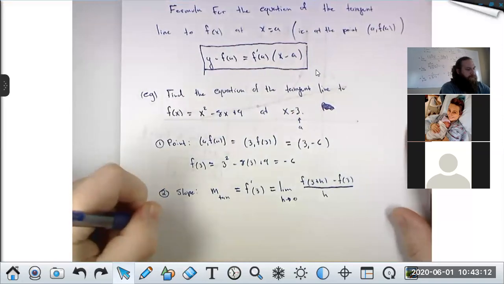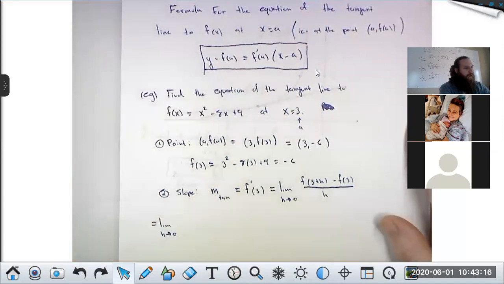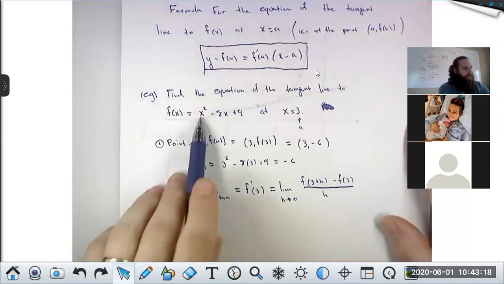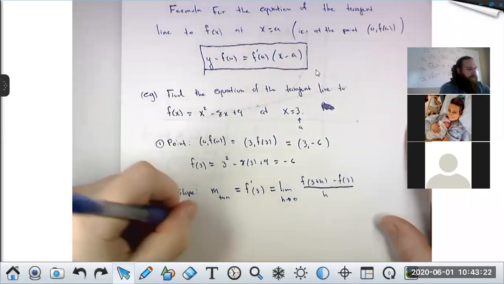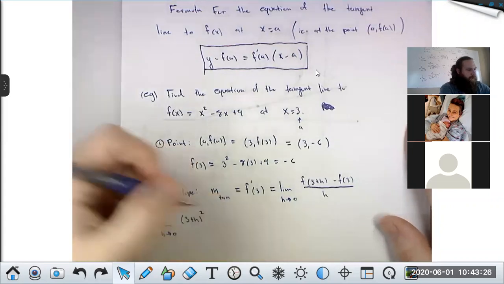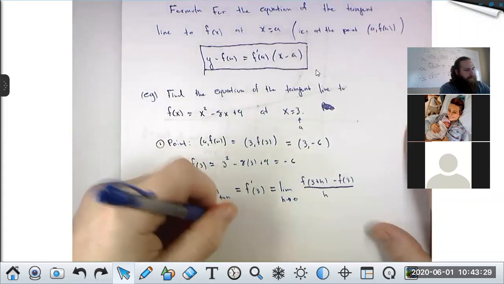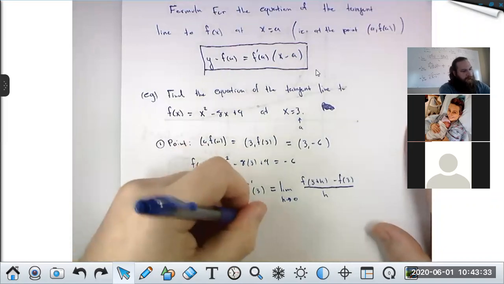That's equal to the limit as h goes to 0. F of 3 plus h is what I get by replacing these x's by 3 plus h in parentheses. So that will be 3 plus h squared minus 8 times 3 plus h plus 9.